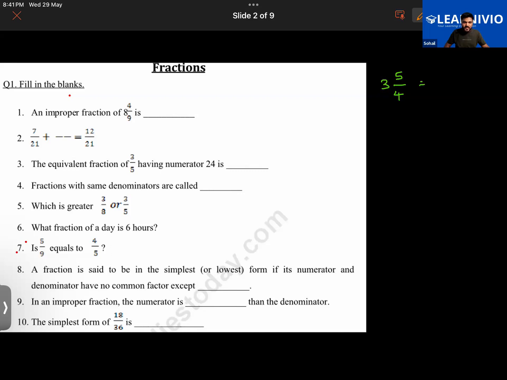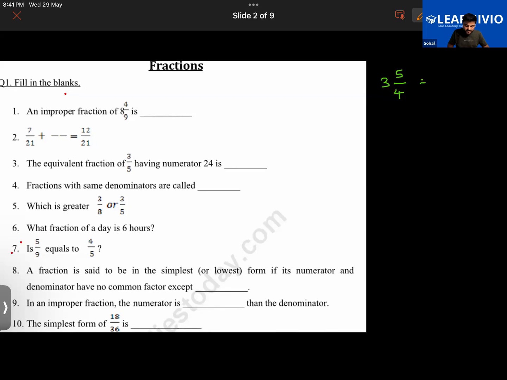No worries. First of all, the denominator should be multiplied with the natural number 3. We have learned that a mixed fraction is made up of a natural number and a fraction. Which one is the natural number here? 3 is the natural number. Good. So multiply the denominator 4 with 3.